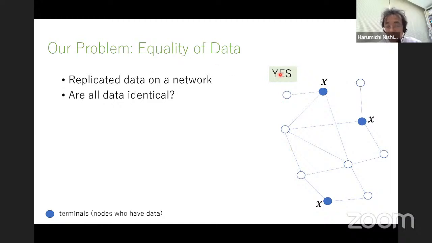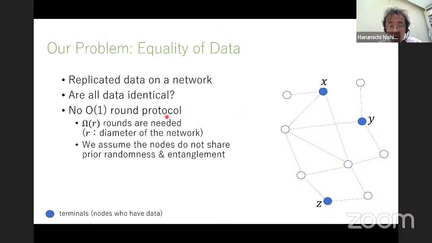The network has several nodes called terminals. Each terminal has very large data, for example, X. The problem is whether all terminals have the same data or not. This case is yes, because three terminals have the same data. On the other hand, this case is no, because this one and this one have different data.